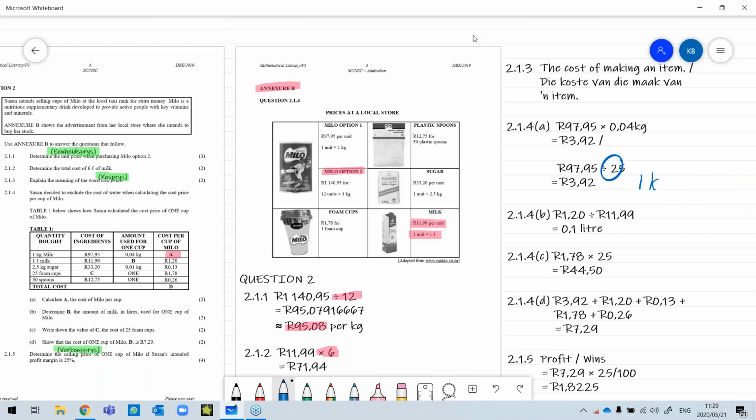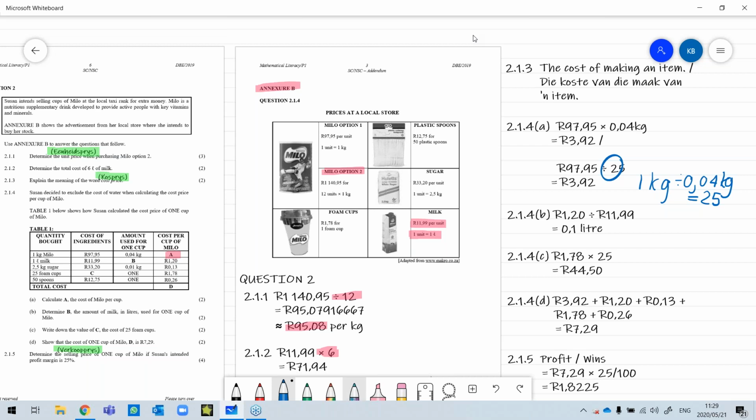So 1 kilogram divided by 0.04 kilogram gives you an answer of 25. Okay, so you can say the cost of ingredients divided by the number of cups that she can derive from 1 kilogram. And that gives you an answer of 3 Rand and 92 cents.